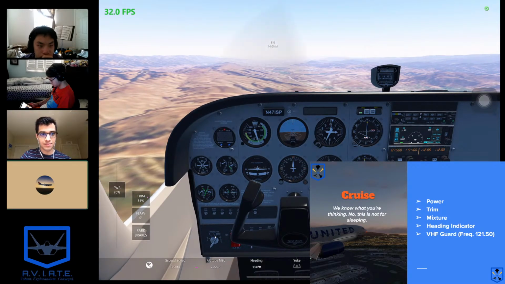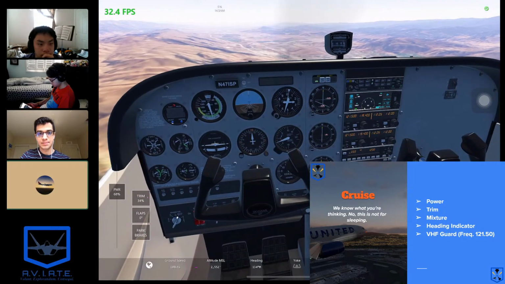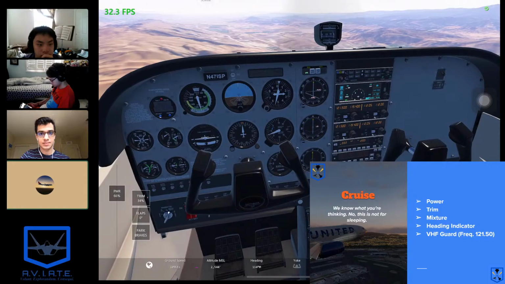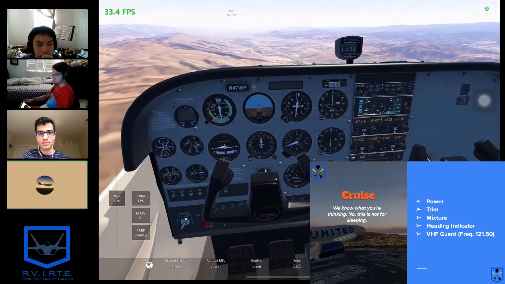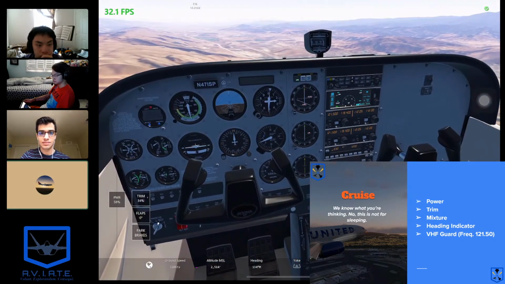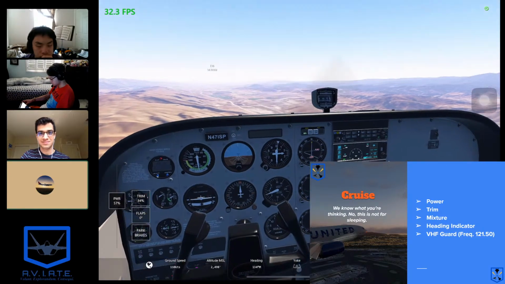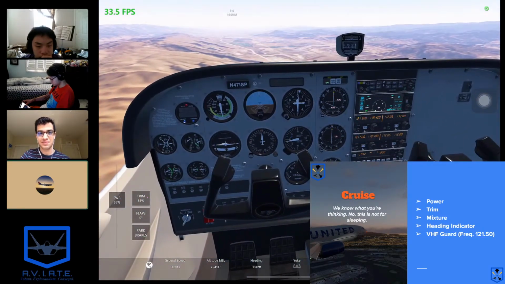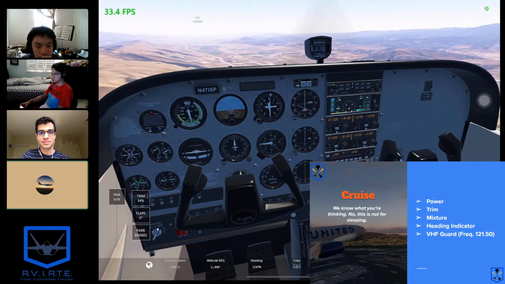And just a quick comment. Sometimes when you're trying to trim the airplane, this is what applies in real life airplanes, but you can also do it in sims too: you hold the controls to the point where the airplane is flying straight and level, and then you trim it to the point where you no longer feel pressure on the yoke. That's a big thing in general aviation airplanes.